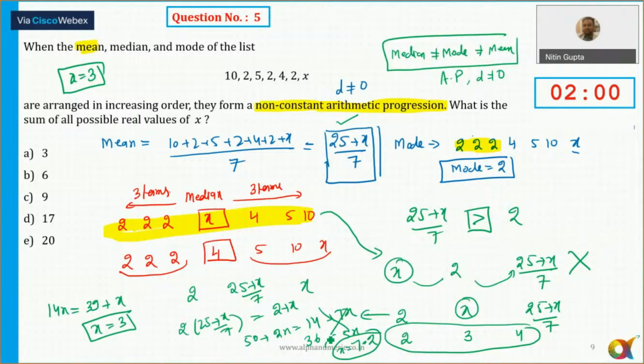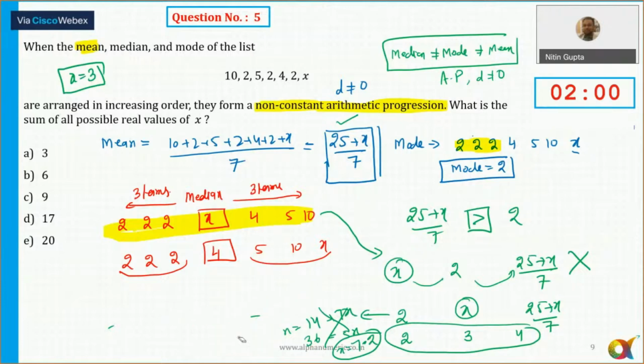I hope that it is clear to all of you. Now, let's talk about the second case. So I'm erasing this. In the first case, the only possible value of x is equal to 3. Now, in the second case, we know that my median is definitely equal to 4, because x is on the right hand side of the 4.